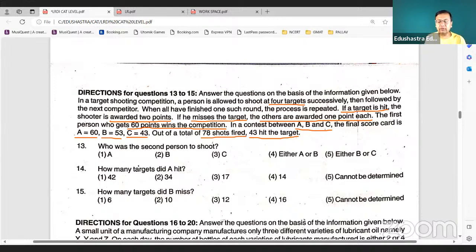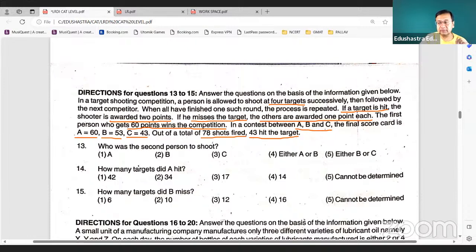But going with the equations will be longer and time consuming, and equations will create some confusion. So I will solve this in a shortcut, in a faster way.